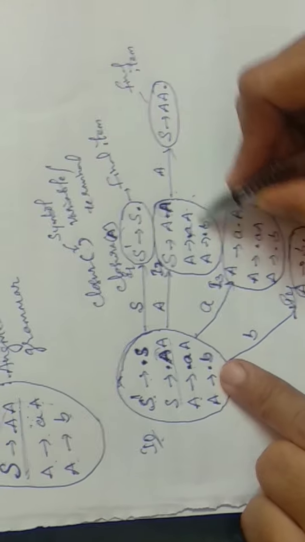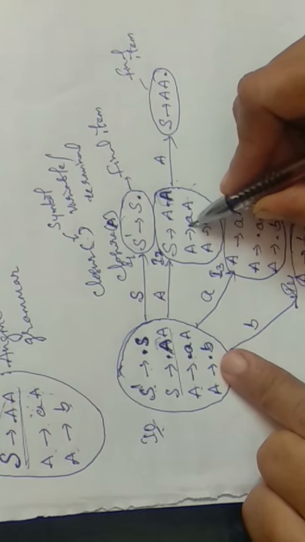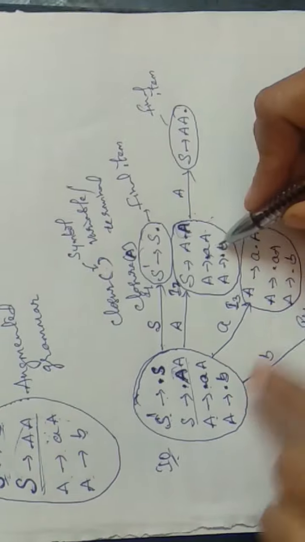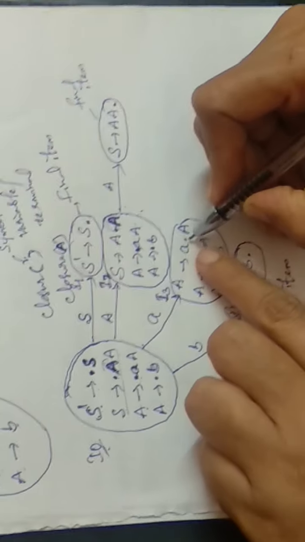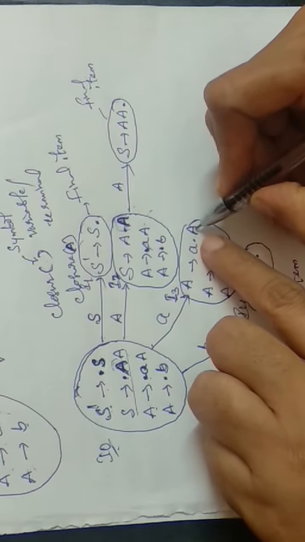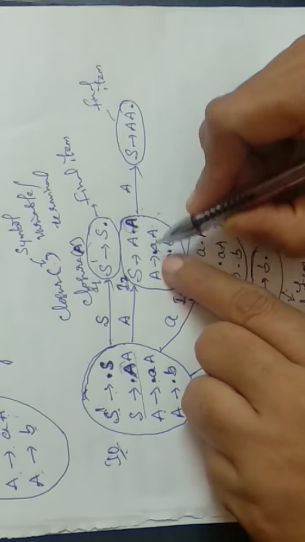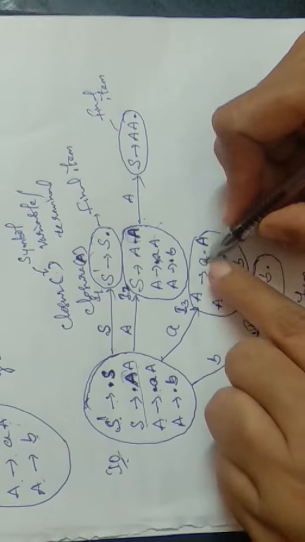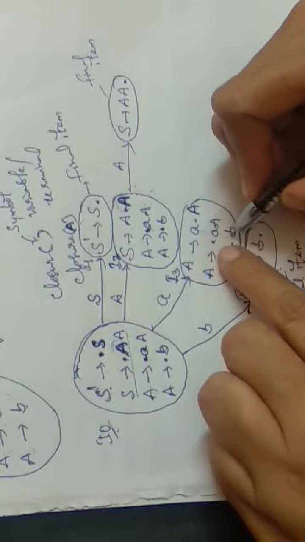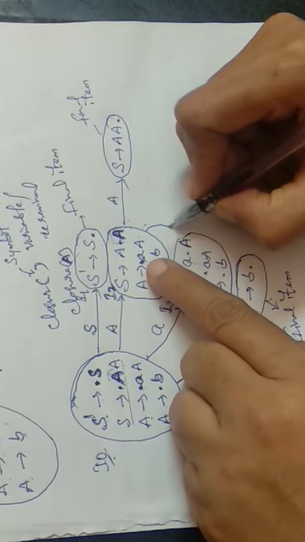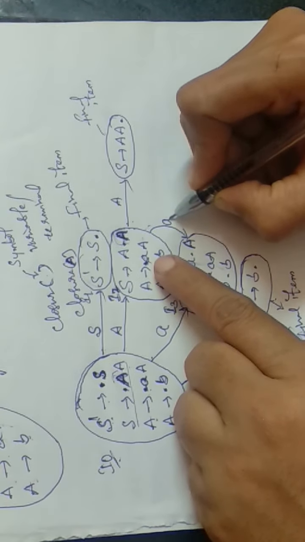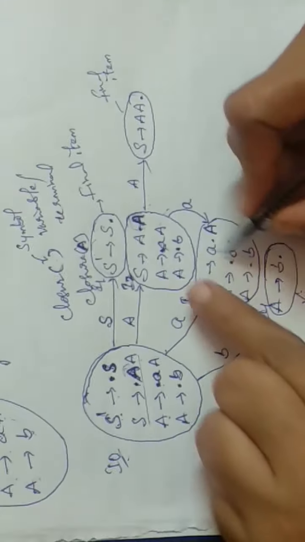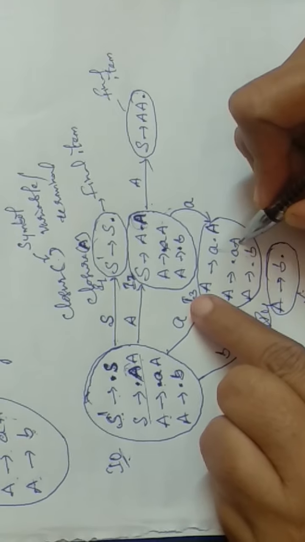So now, after seeing A, the dot will move to in front of A. After seeing this input symbol A, it is going to return the same set of productions, so I can write that on input symbol A it reaches the state I3, because it produces the same set of productions.